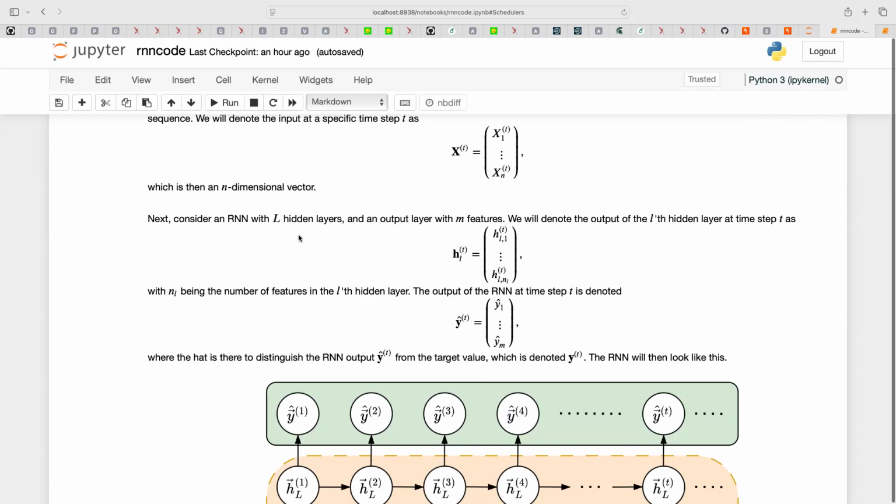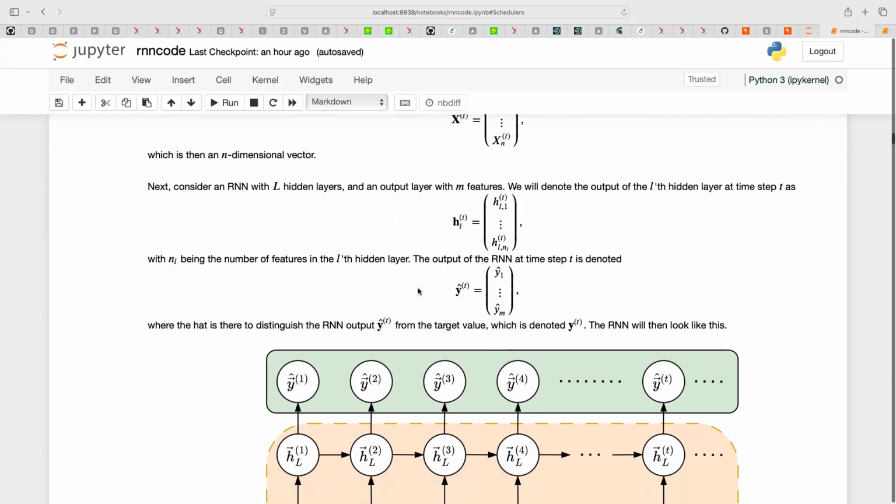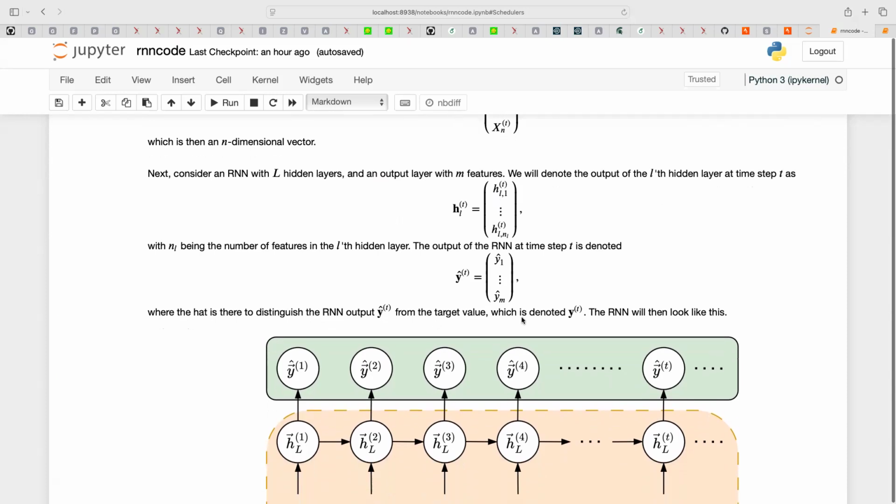So we will have an uppercase L, and L plus 1 is going to be my final output layer. 0 is going just to be my initial input to the network. These are just the conventions which we're using here. And this N_i, which you see, can be the number of features in a given hidden layer. The output is then compared with the target value. Sometimes I'm going to use a y hat to indicate that this is the output from the network, the predictions you make at a time step.